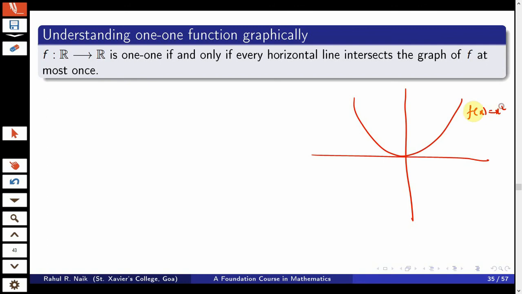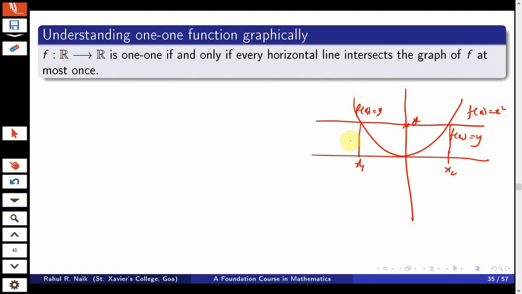If I draw a line parallel to the x-axis, from this y value, then x1 and x2 are distinct, but they have the same image, that is y. So f of x2 is equal to y and f of x1 is equal to y. So this makes the graph not 1-1.